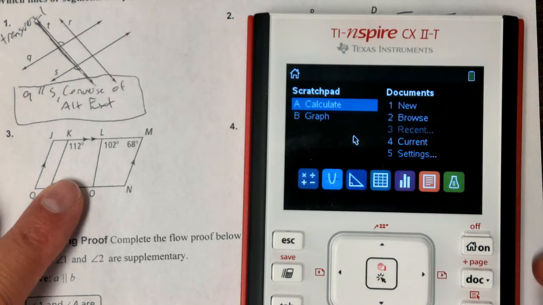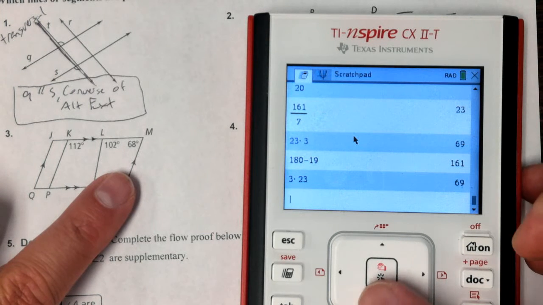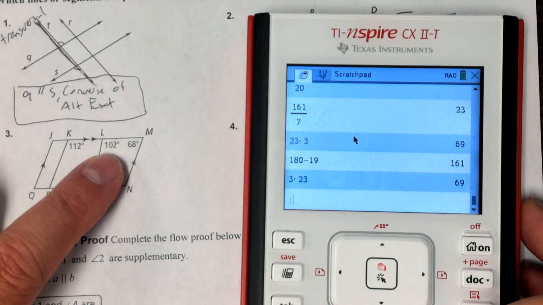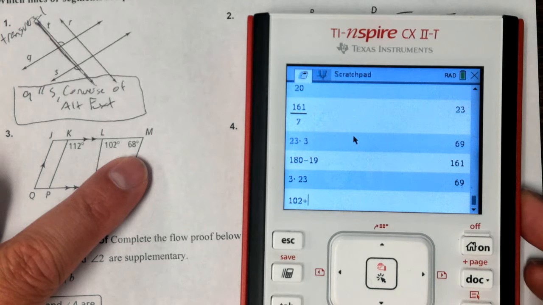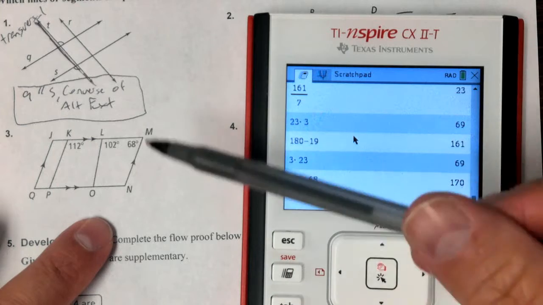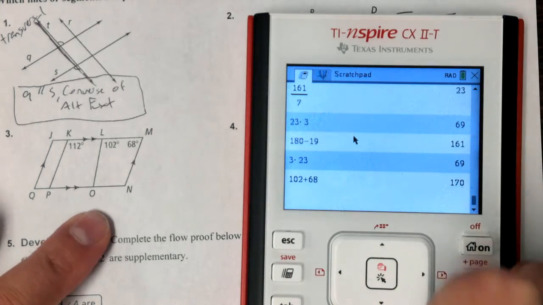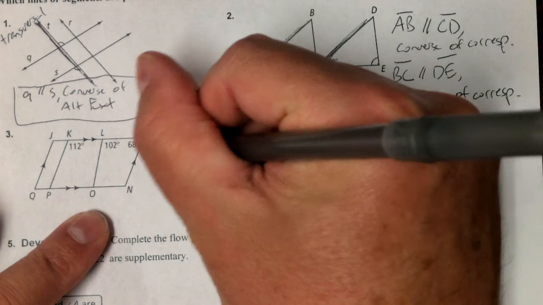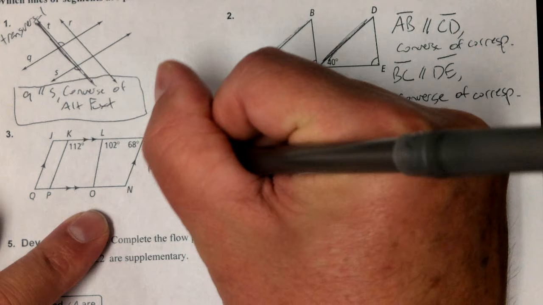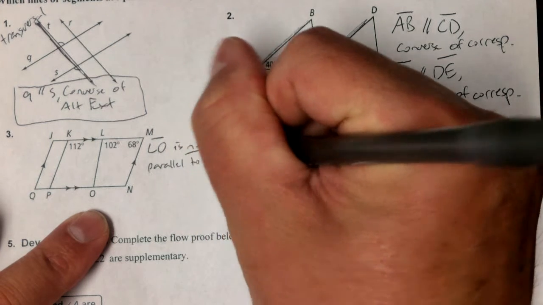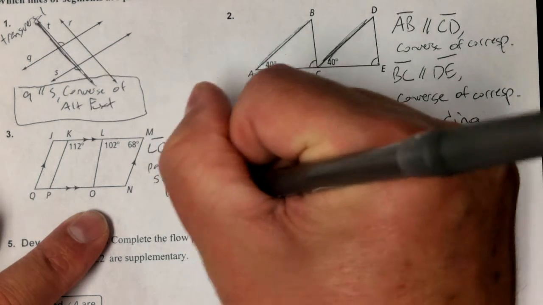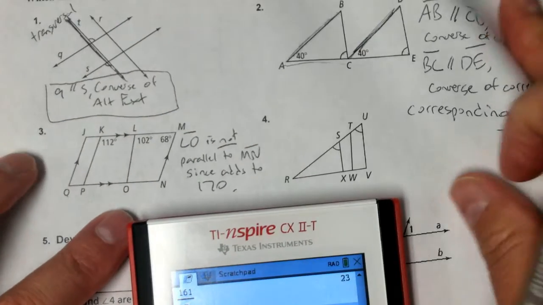To see it and not always get it right the first time, if we do 102 plus 68, that doesn't work. So that means LO is not parallel to MN, since it adds to 170. Okay, so that's a little hint.